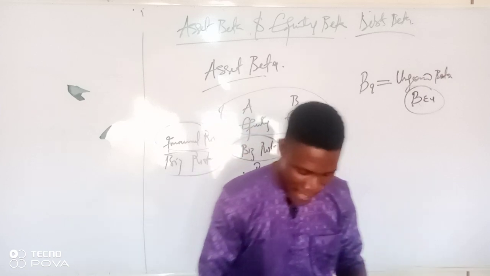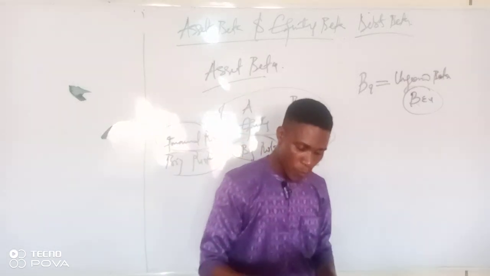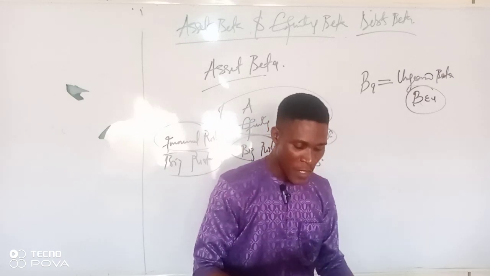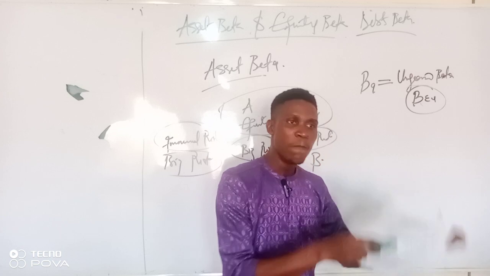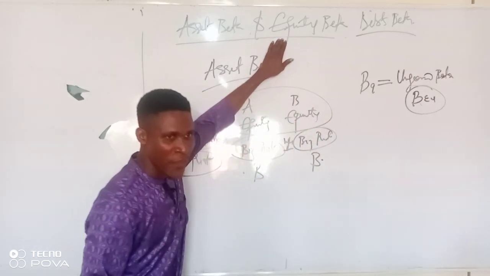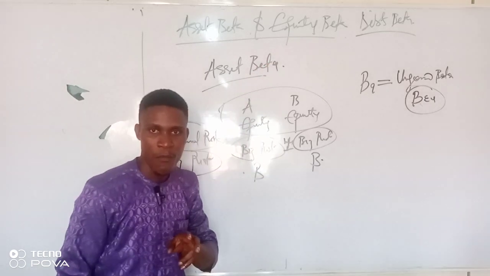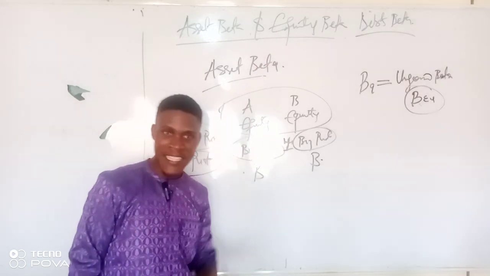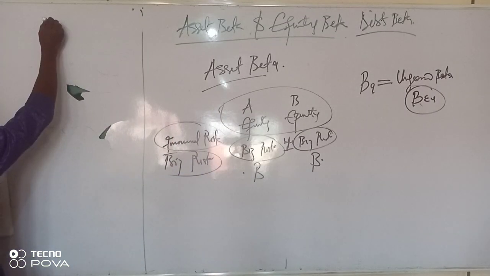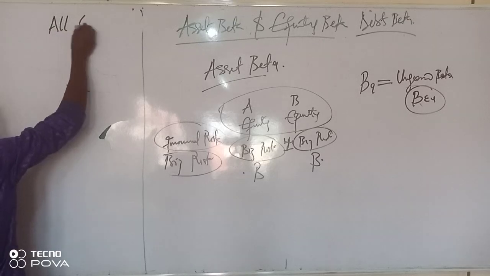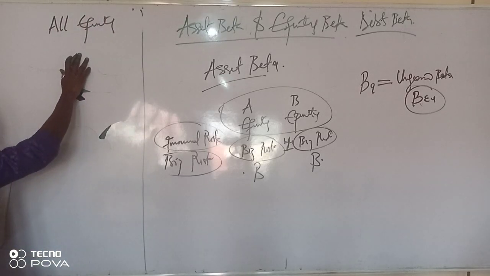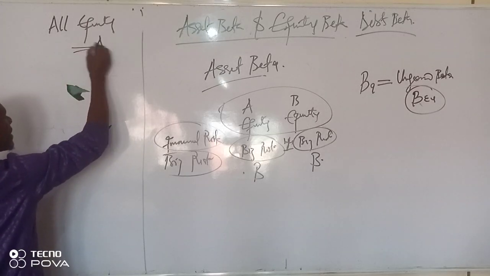Now let's look at something. The equity beta of a company is the beta factor of its equity capital that allows for both financial risk and business risk. So equity beta is actually measuring two things: both financial risk and business risk. Only when a company is all-equity financed, that is ungeared, should we be talking about asset beta.